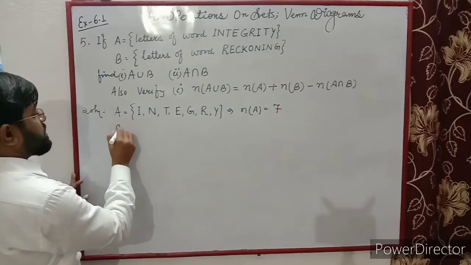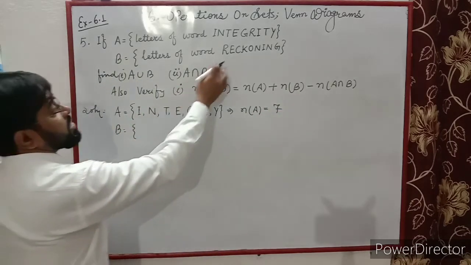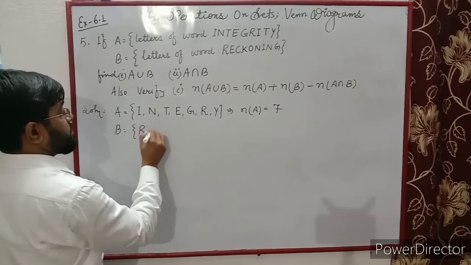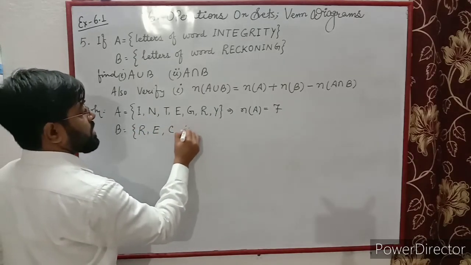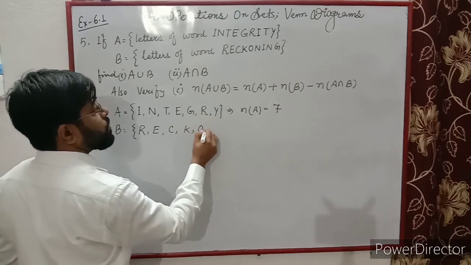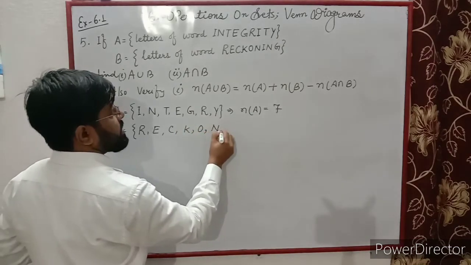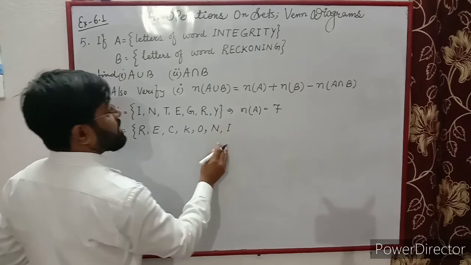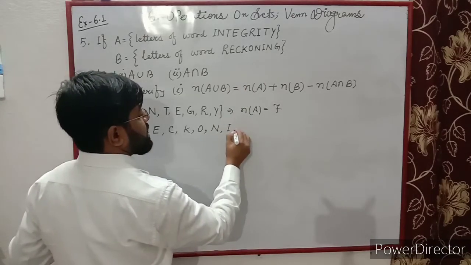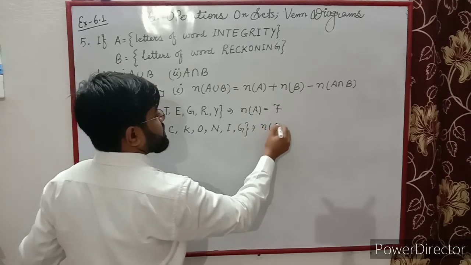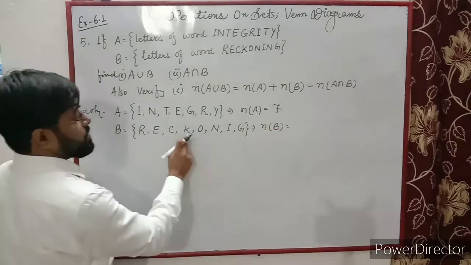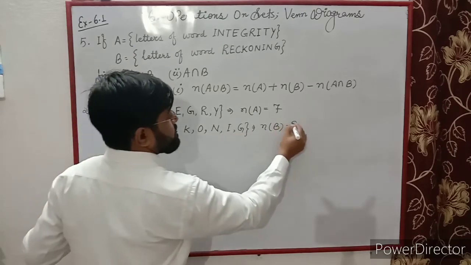Now set B: R, E, C, K, O, N, I, and G already written. Now the cardinal number of set B: 1, 2, 3, 4, 5, 6, 7, 8.